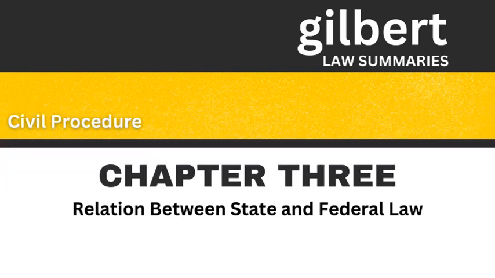2. Illustration: No Direct Conflict, 579. Federal Rule 3, which states that a civil action is commenced by filing a complaint with the court, need not be read as speaking to when a state statute of limitations is tolled on a state cause of action.